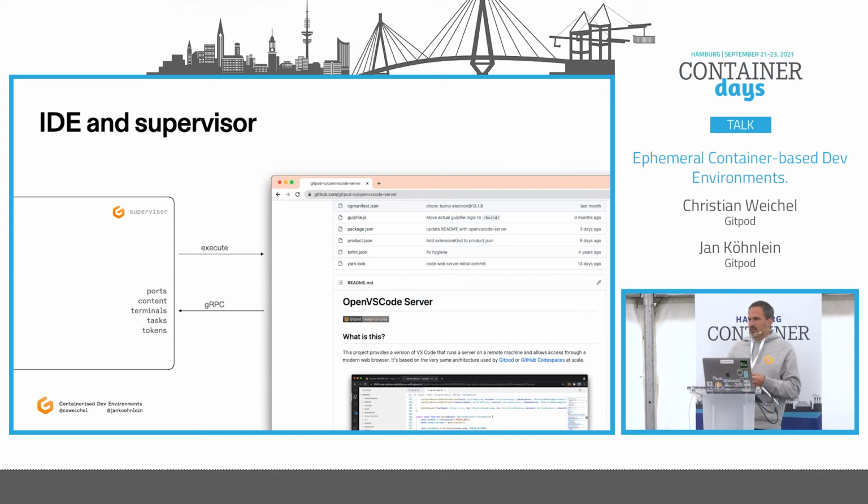It also provides the content of the workspace, the GitHub checkout that you did, or the terminals, because of course the terminals are living in your container, and you want to access them from within VS Code. Also the tasks that you've seen in the Gitpod YAML file that Chris showed before, and authentication tokens to authenticate to the Gitpod backend, but also to GitHub or GitLab or Bitbucket or whatever repository you're going to use.